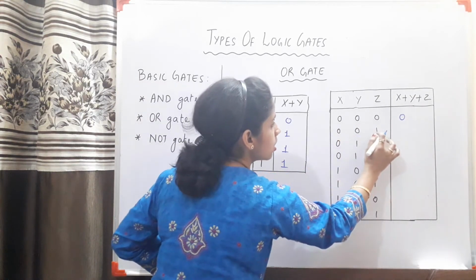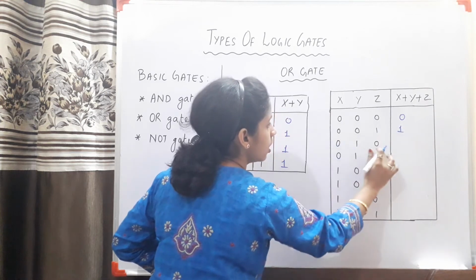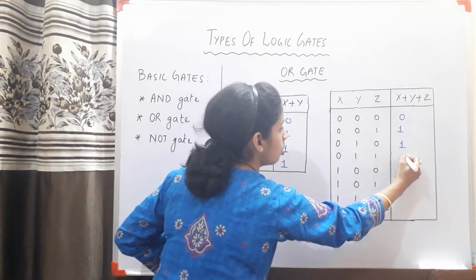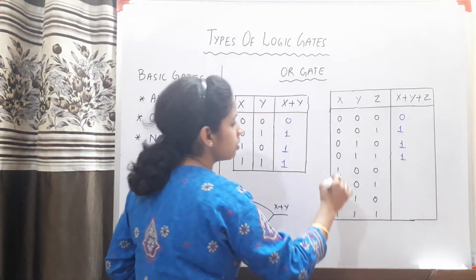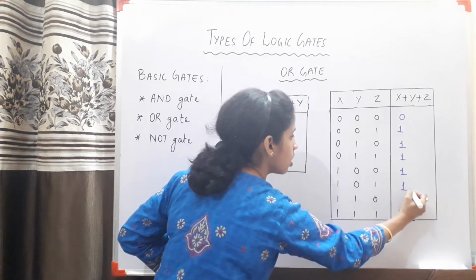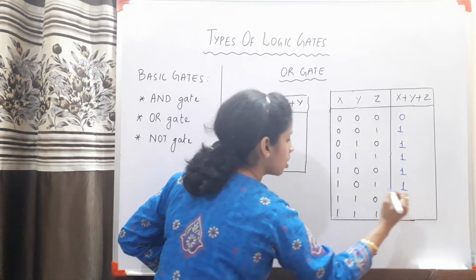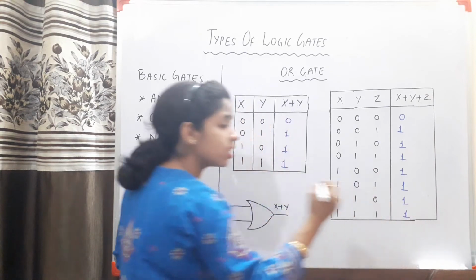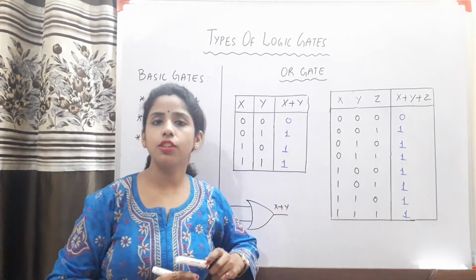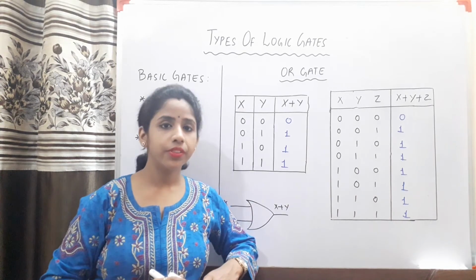In this case this is 1, so the answer is 1. In this case this is 1, so the answer is 1. And then in this case there are 2 ones, so the answer will be 1 only. Then in the remaining cases also the answer is 1, because only in this situation all the inputs were 0, so the result is 0, right?